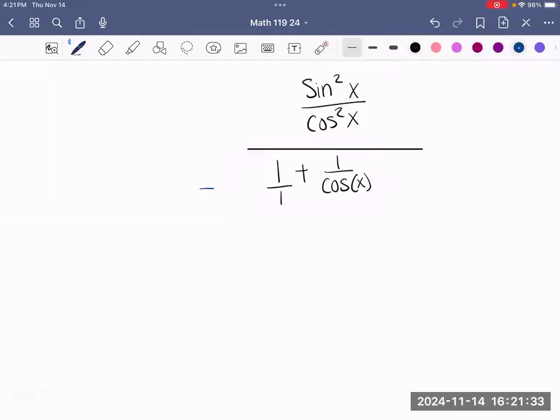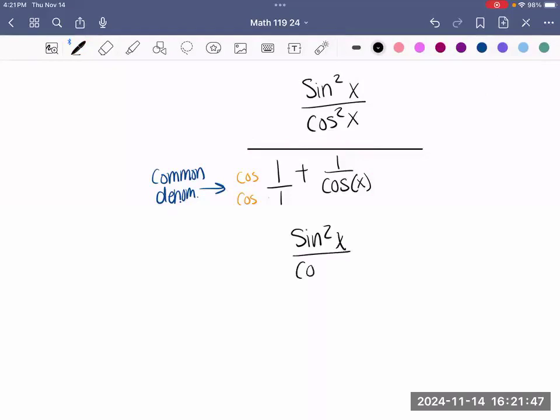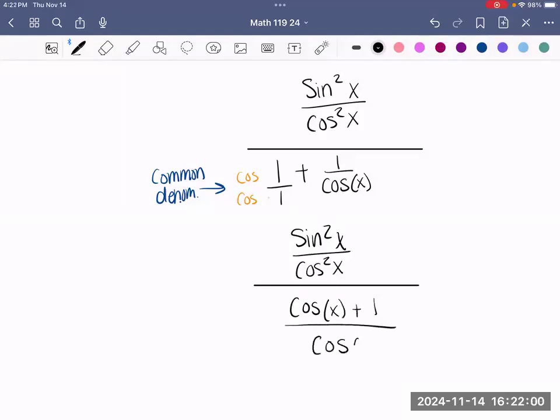We might want to come up with a common denominator. In our case, let's put a cosine down below. So we have sine squared of x over cosine squared of x all over cosine of x plus 1 all over cosine of x.